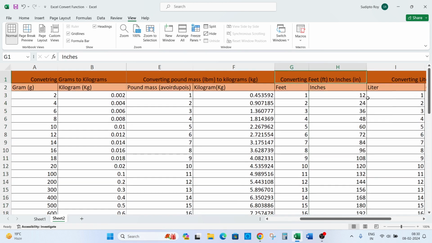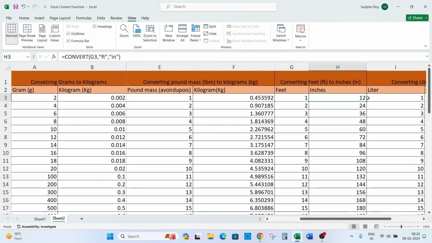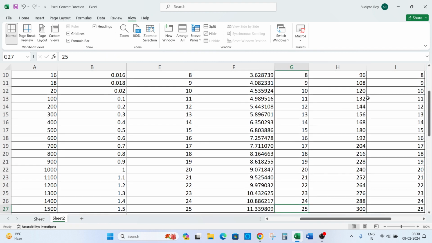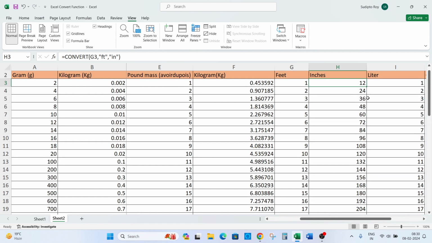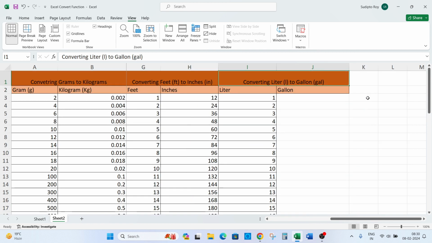So what we are getting is 1 foot is equal to 12 inches, 5 feet is equal to 60 inches, 25 feet is equal to 300 inches. Seems correct. Great.